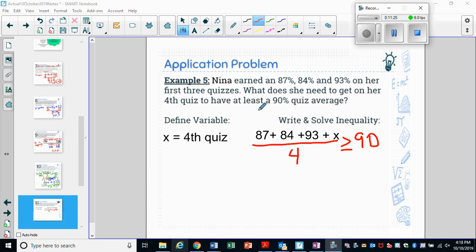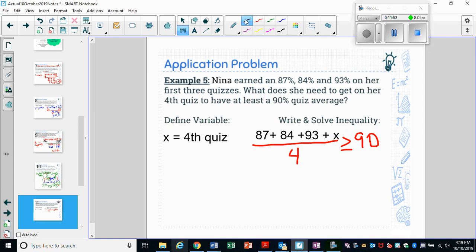Problem 5. Nina earned 87, 84, 93 in the first 3 quizzes. What does she need to get on the 4th quiz to have at least a 90? So we don't know the 4th quiz. Now we're going to set up the average such that we add 87 plus 84 plus 93 plus x. Once we have that sum, we divide by 4. However, we need to find out this last value.